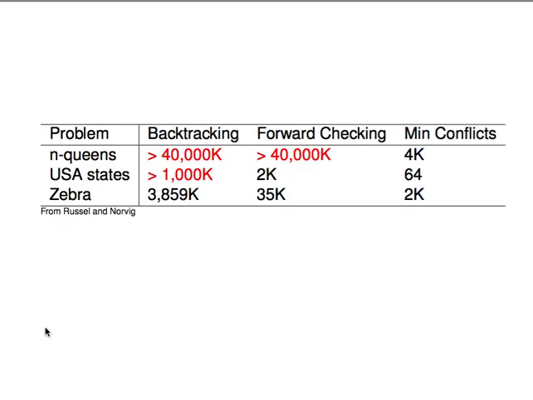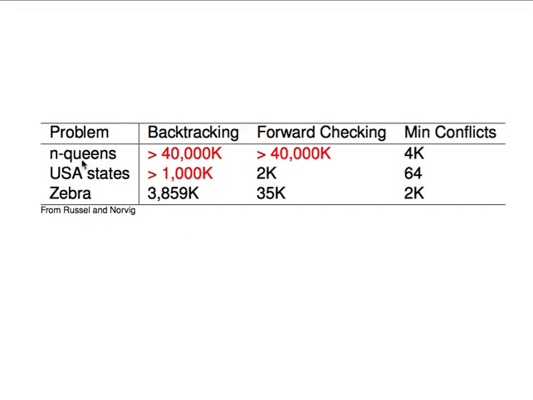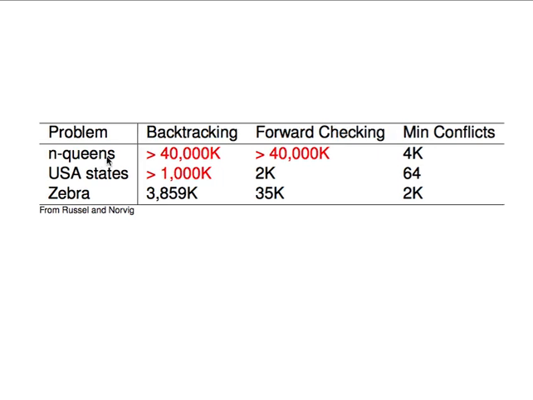For example, let's look at the n-queens problems, for n from 2 queens all the way to 50 queens. Look at what the algorithms reported here. We need to find the solution for all those problems.